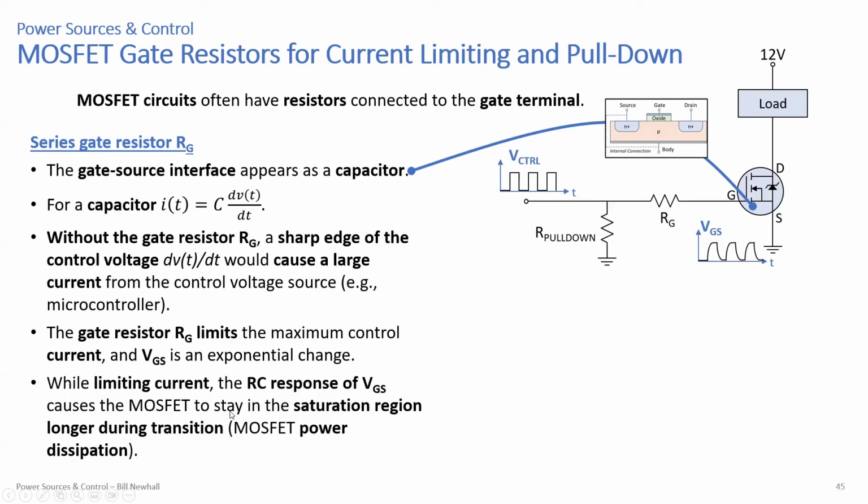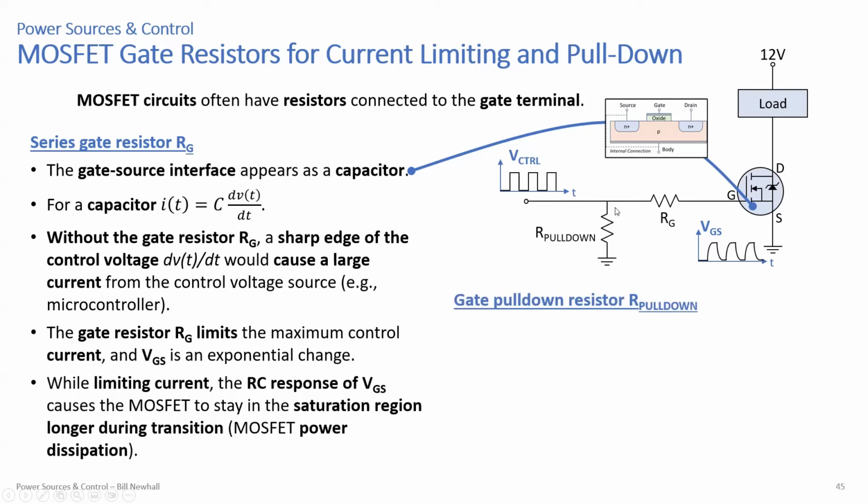So you're going to have a longer stay in the saturation region. And remember, when you're in that saturation region, you have simultaneously non-zero voltage and non-zero current, and that means power dissipation. So this resistance can cause higher power dissipation in the MOSFET, which brings you back to the thermal problem, right? Okay, so that's what the gate resistor is typically for.